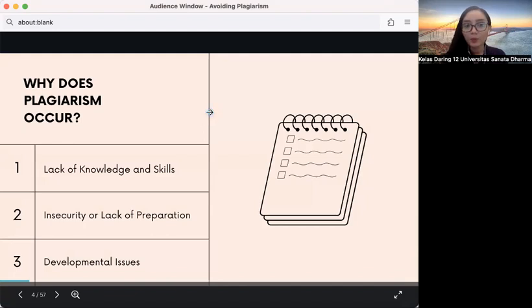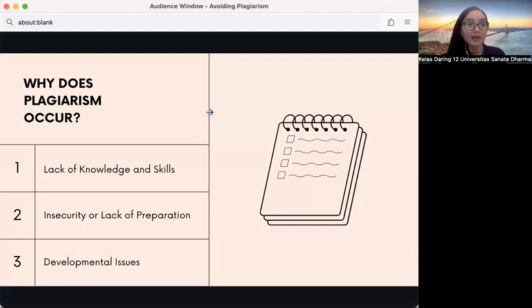So why does this thing occur? Why does plagiarism occur? First is the lack of knowledge and skills. The students do not know the correct procedures, or the way to cite and the way to paraphrase correctly.